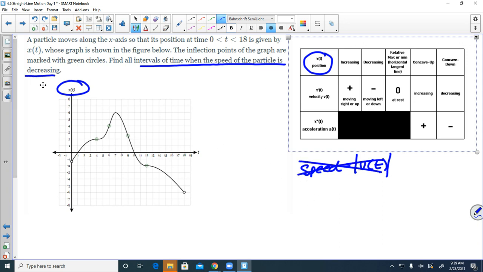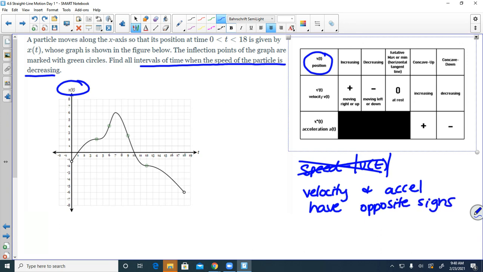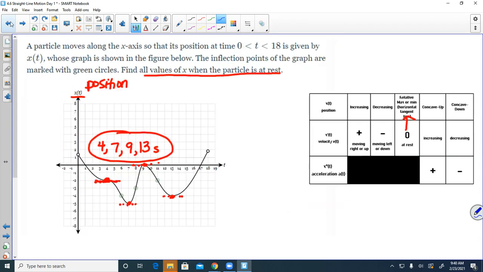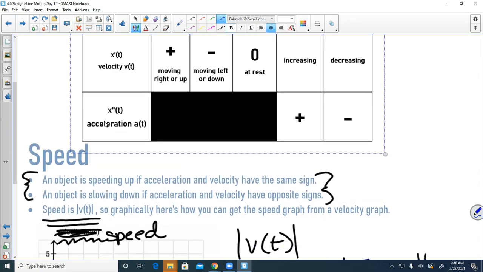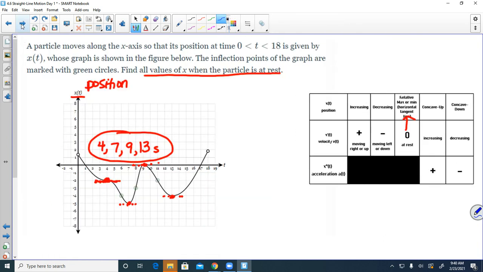So for when the speed is decreasing, I need to look to see where velocity and acceleration have opposite signs. I told you all about that right here. An object will be slowing down, or the speed will be decreasing, if acceleration and velocity have opposite signs.